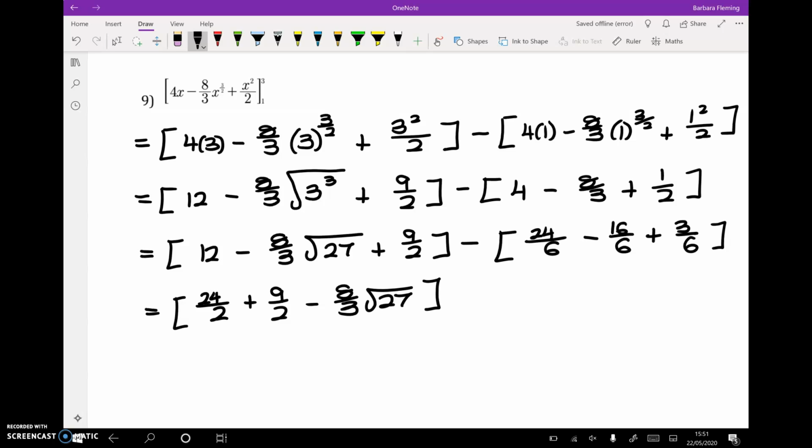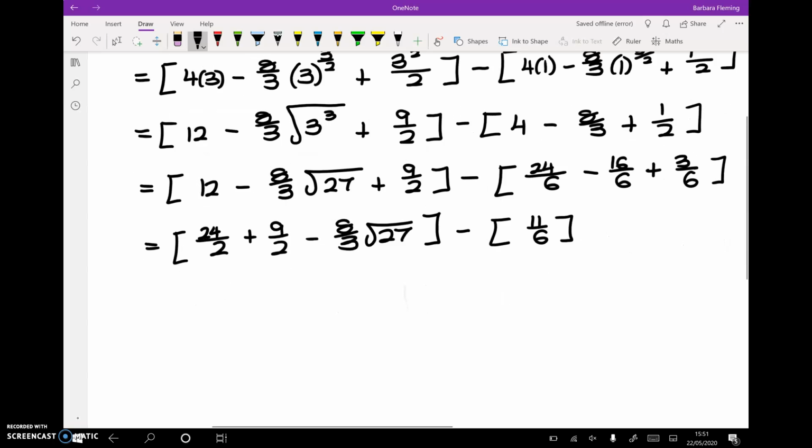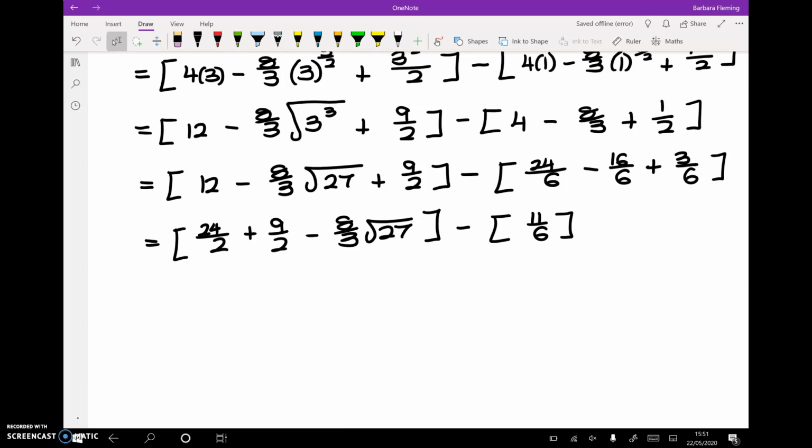Take away 8 over 3 root 27 minus, okay, so 24 take away 16, that's going to leave you with 8 plus 3, so that's going to leave you with 11 over 6. So one single term. Notice that that bracket I've still kept there the whole way just until I've got that one single term. Now I don't need to worry about the brackets as much. And then we've got 33 over 2, take away 8 over 3, root 27 minus 11 over 6.